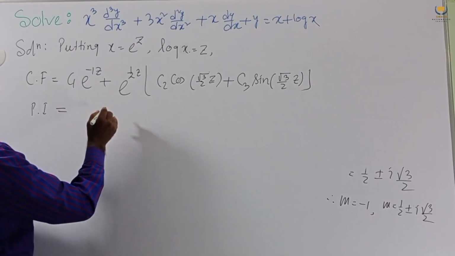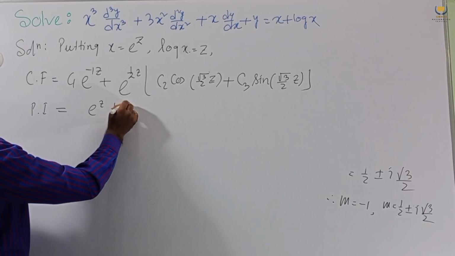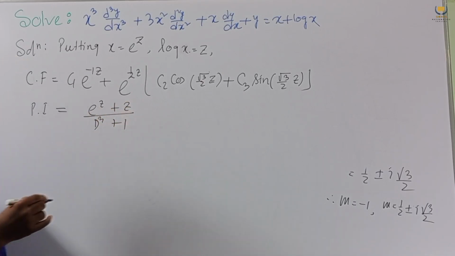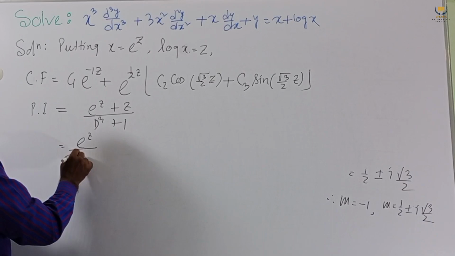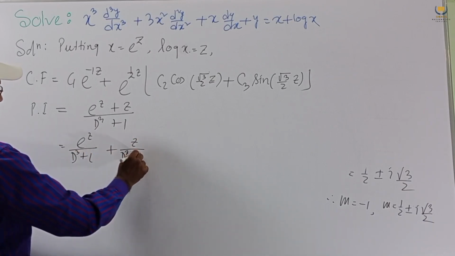The particular integral is the right hand side, (e to the power z plus z) by (D cube plus 1). Now we separate this: e to the power z by (D cube plus 1), plus z by (D cube plus 1).